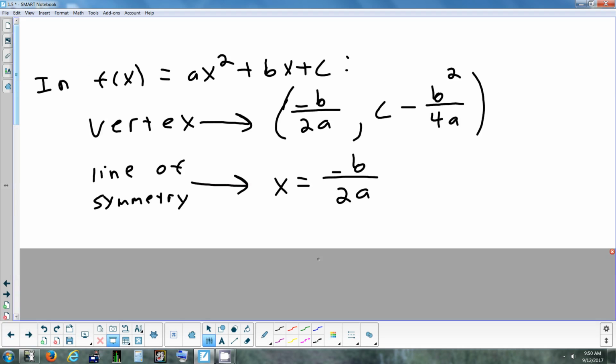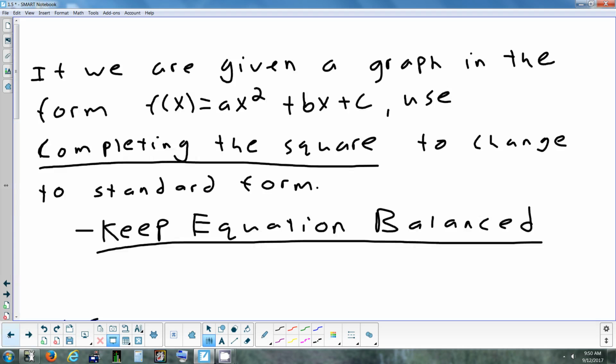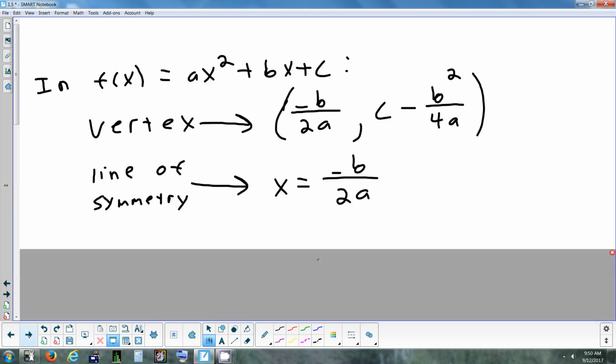But if you had it written in the form of the problem we just did, ax squared plus bx plus c, you can use these formulas to find the vertex and line of symmetry. Again, they're not formulas that I spend a lot of time memorizing or would even bother with too much, but they're there in case you did want to use them.